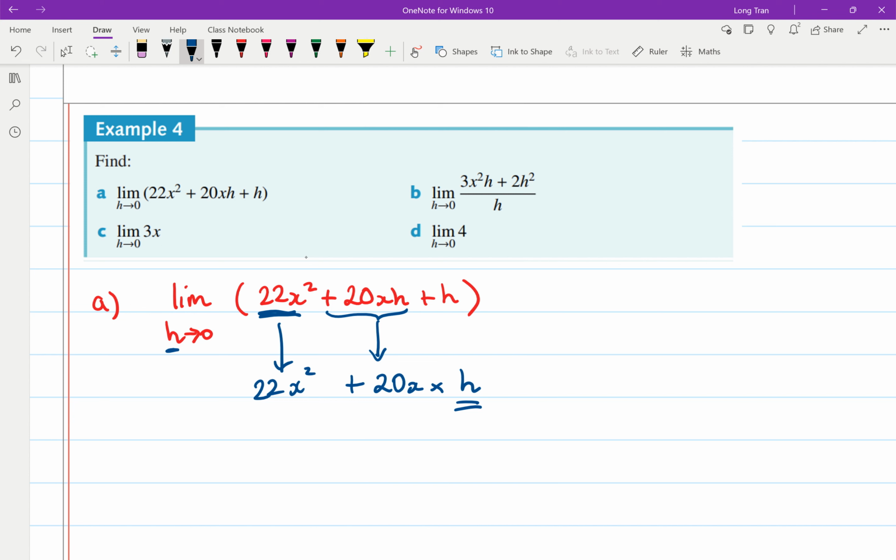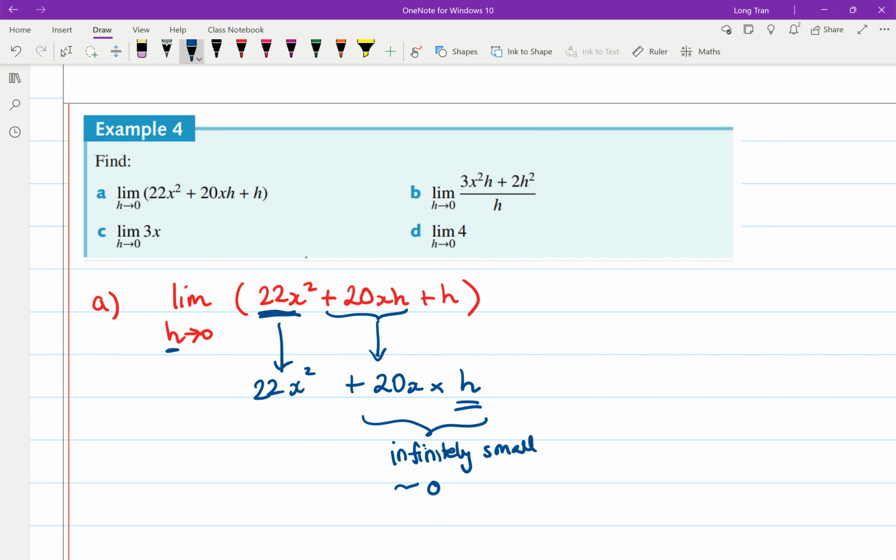So if you got 20x, which I don't know what the number is, but I know I'm timesing it by an infinitely small number, what do you think this overall number will approach? 0. It gets very small. We're not saying it's 0, we're just saying it becomes infinitely small. So I'm going to write here, infinitely small. You can almost say it's 0, but it's not 0.